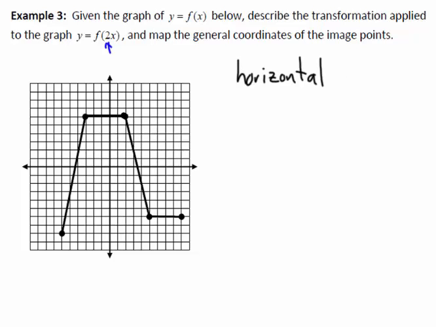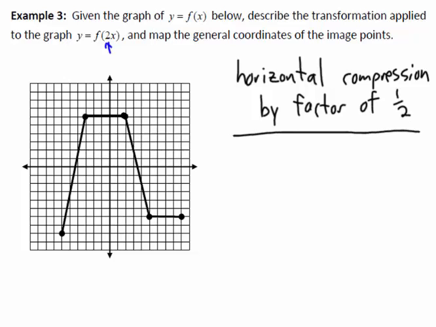It's greater than 1, so it must be a horizontal compression, and this time it's by a factor of 1/2, the reciprocal of that number. If we were mapping these coordinates, our original x, y values, we would take our original x and divide it by 2, keeping y the same.